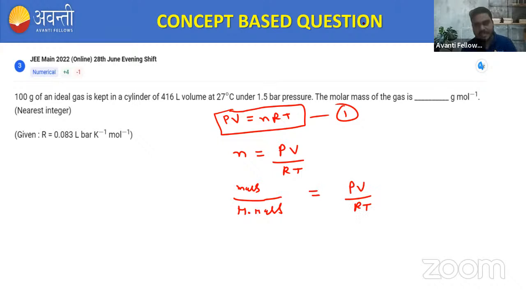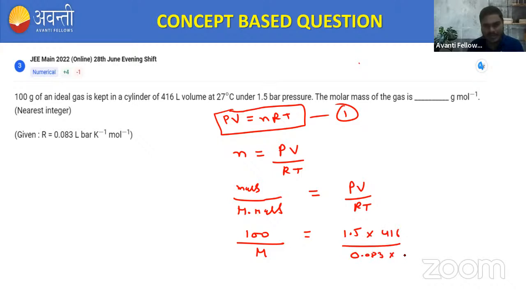Now we have all the values, right? Mass, that is 100 gram of an ideal gas. Molar mass we need to calculate. Pressure we have, 1.5 bar. Volume we have, 416 liter. R we have 0.083, and the temperature we have 300. Now you can easily calculate this value.